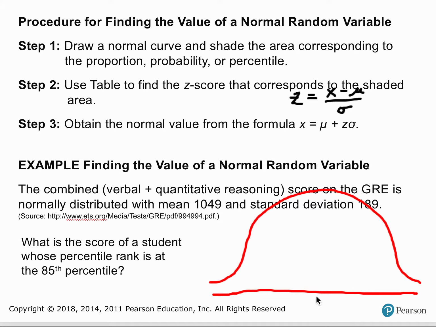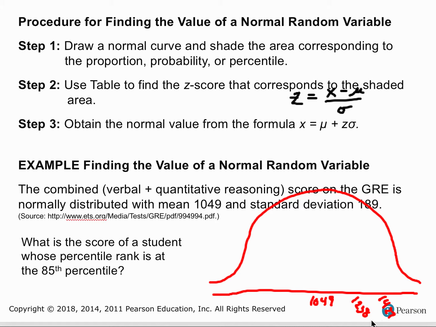Okay, here's my mean. Okay, so I'm going to add 189, 1238. I'm going to add 189, 1427.